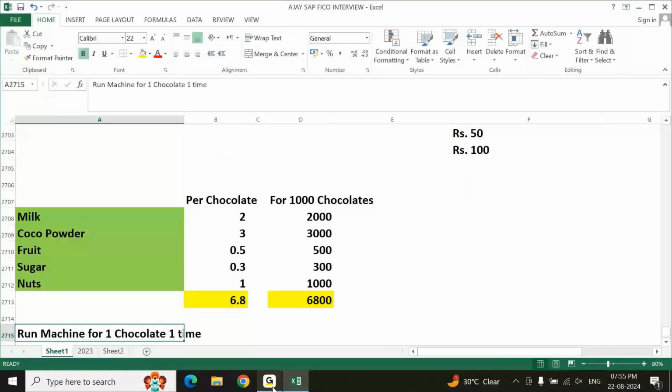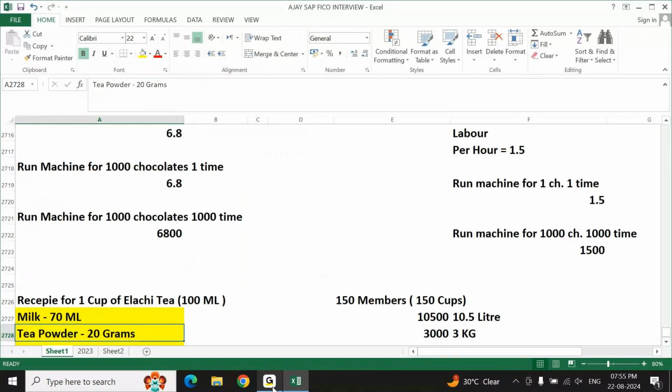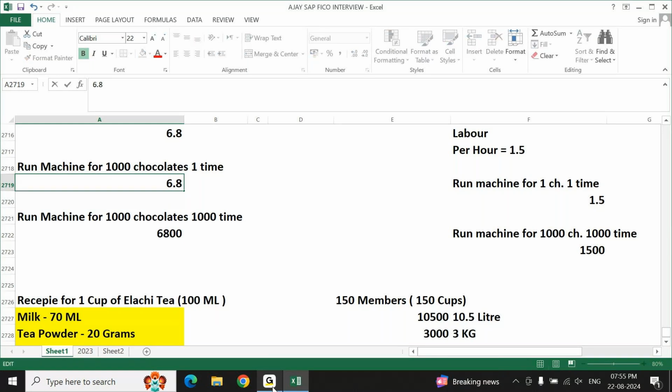Yeah, a little below. Here, the second line, 6.8. If you write per unit there, otherwise I'm still thinking how 1,000 chocolates is 6.8. So it is per unit.